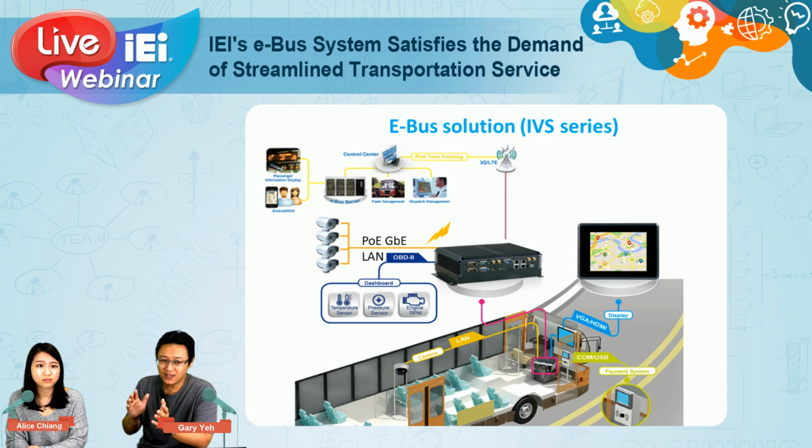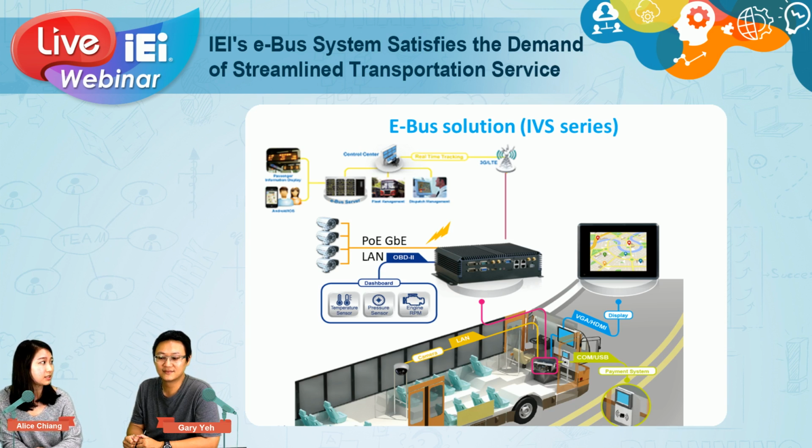So in the past, they built one function by one device, and now you can build multiple functions in one box. So it looks like the heart of this solution for the intelligent bus or intelligent transportation will be the computer itself. So this fully integrated computer will, can you show us more details regarding this box PC?